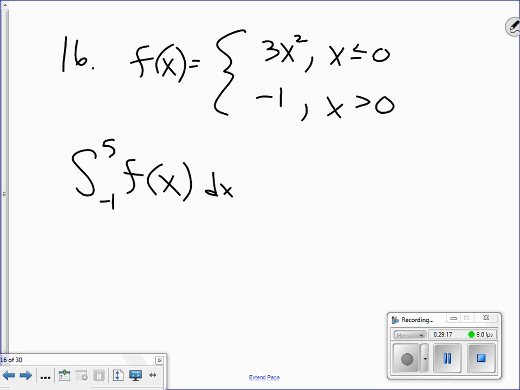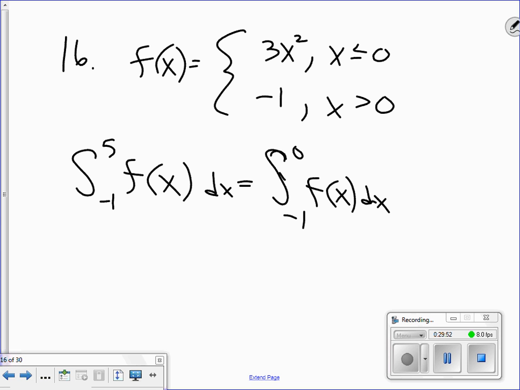But I can't just have one definite integral. I got to break it up. Where would I want to break up this definite integral? At 0, right? If you want to get the definite integral from negative 1 to 5, you would want to find the definite integral from negative 1 to 0, because that's where the piecewise function splits, plus the definite integral from 0 to 5.